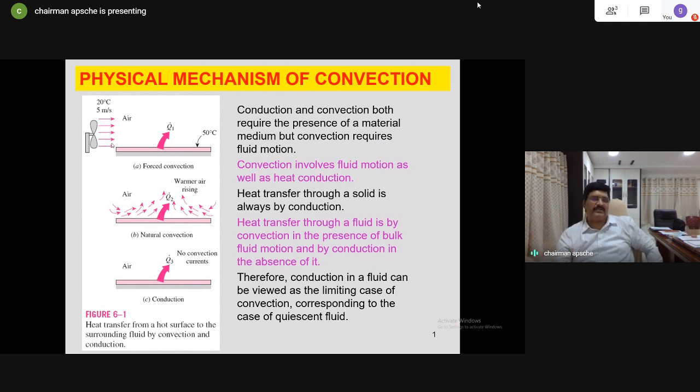So natural convection is all about heated air moving up, colder air coming down. I think I have given you the best example: the deep freezer in a refrigerator is always kept at the top. Convection is also considered for cases when convection currents cannot be possible.